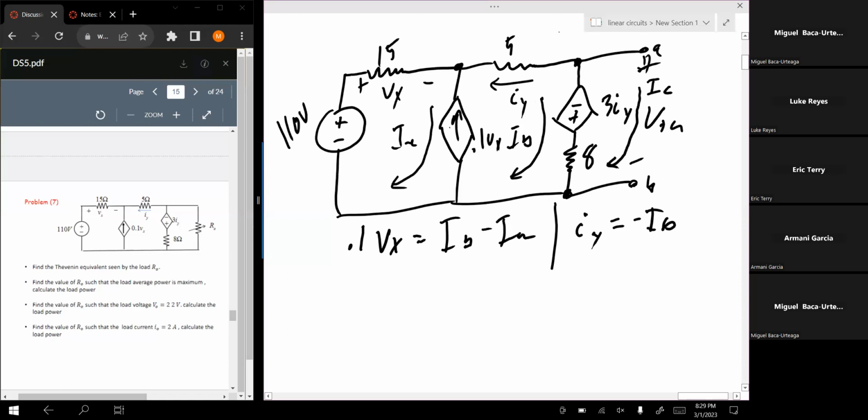If we did 3, this would be negative 3 IB or whatever, for that current dependent source. This is only depending on what IB is. Notice how there's no mention of IC, because IC is 0. But you have to have it as a placeholder. Okay.